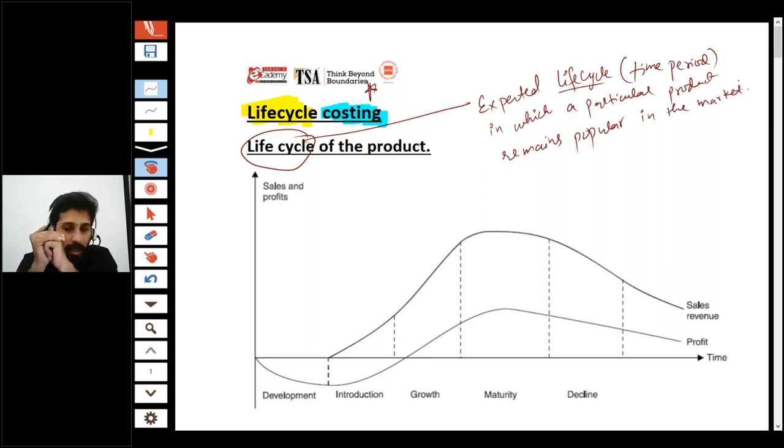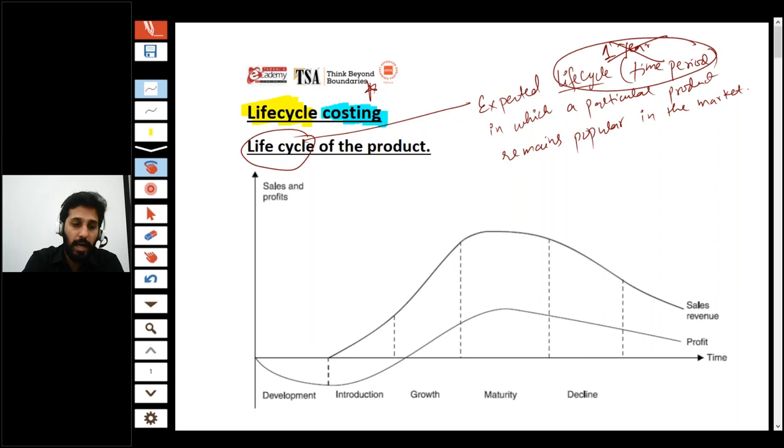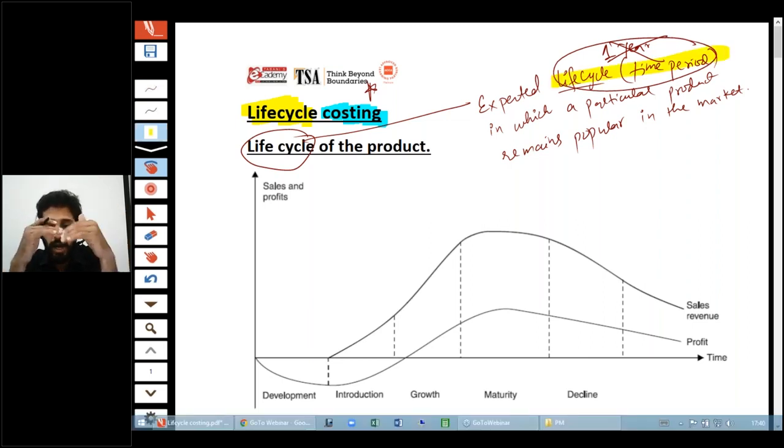The time period does not mean 1 year. It is actually the time period in which a particular product remains popular in the market, or is expected to remain popular.